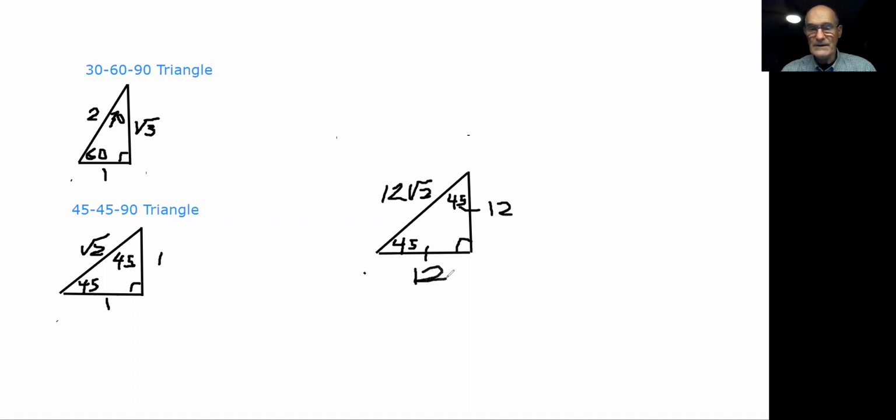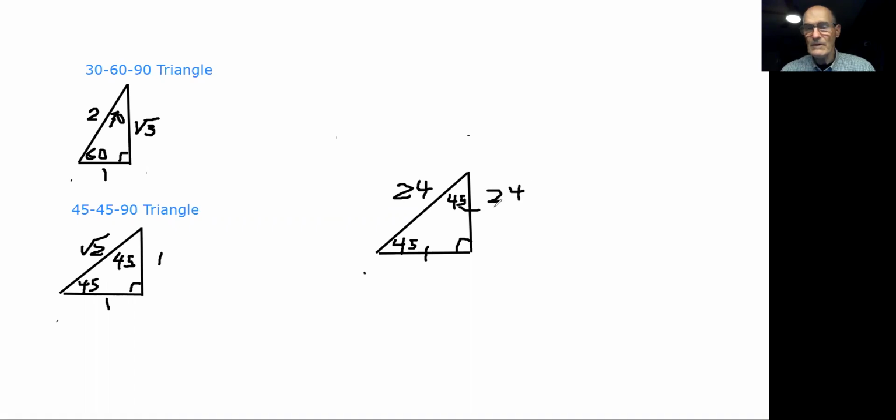Now, the only thing that would complicate this is, once again, if I have a situation where the hypotenuse is just a straightforward number, like 24. To get from the side to the hypotenuse, I multiply by the square root of 2. So to go from the hypotenuse backwards, I would reverse that and divide by the square root of 2.